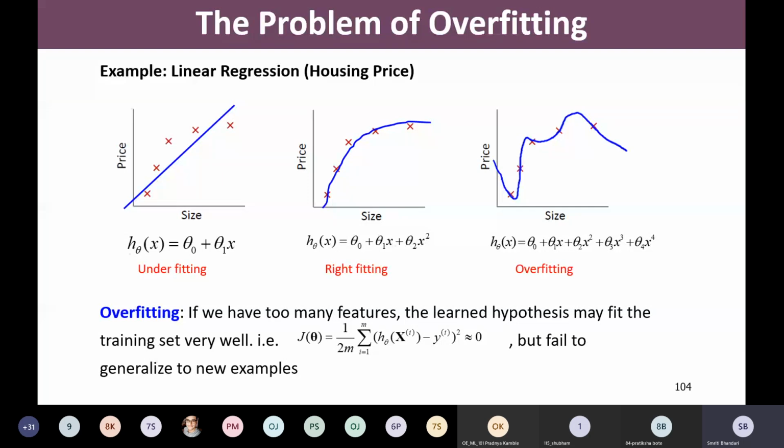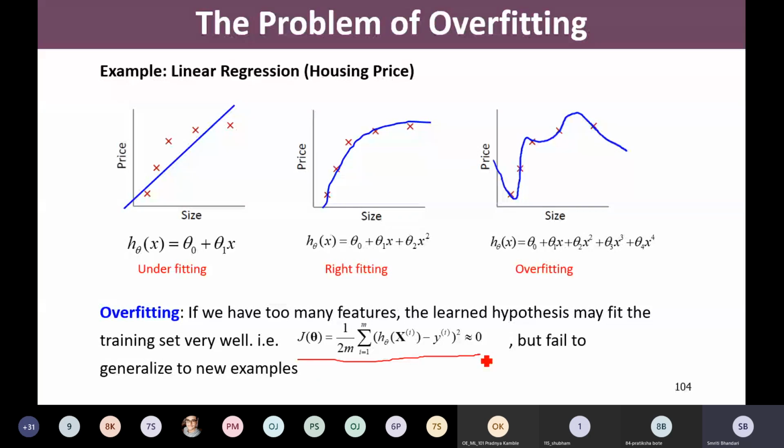That means, as I stated, what is the error or the cost function for the linear regression? We are having the cost function J of theta equal to 1 divided by 2m summation over i equal to 1 to m of (h theta of x i minus y i) squared. So this is our cost function associated with linear regression.